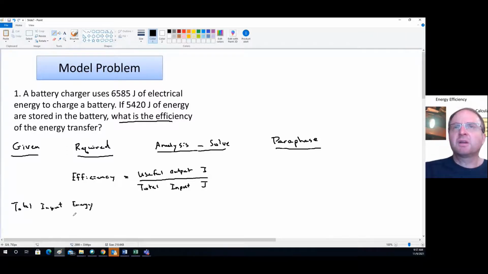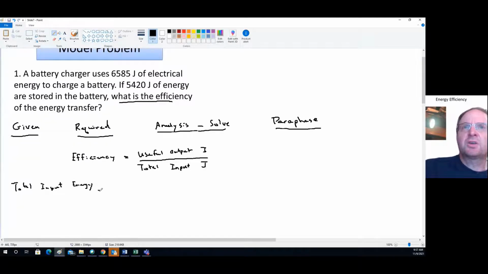Also take a look, and as you pause it, is this making sense so far? Okay, we're going to keep going here. Our total input energy, right out of the question, 6,585 joules. Our useful output energy, and that is 5,420 joules.